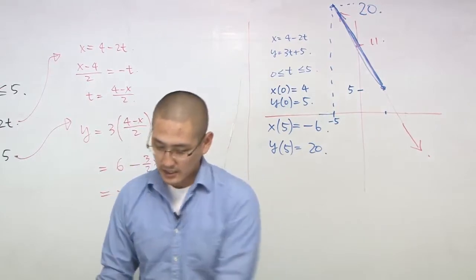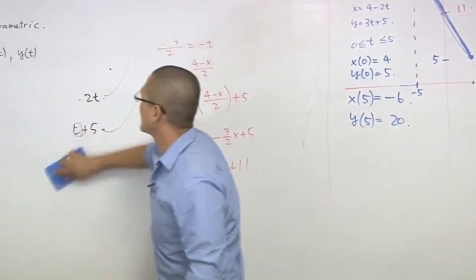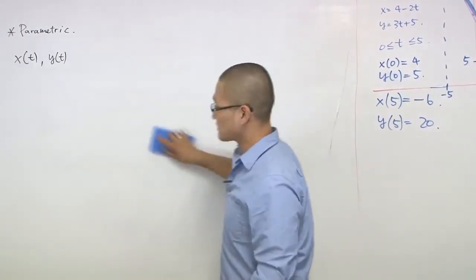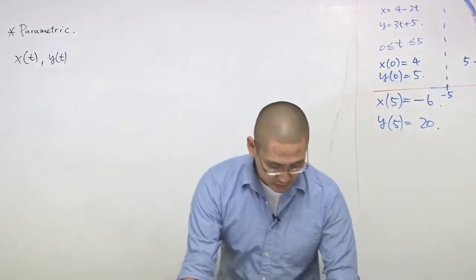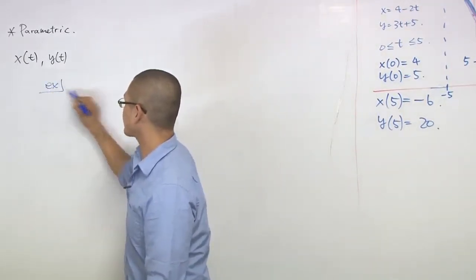Usually, it gets pretty hard if you change any of these nice restrictions, but on the SAT 2, you will not run into anything very difficult. So let's look at example 2. Let me just change it a little bit.